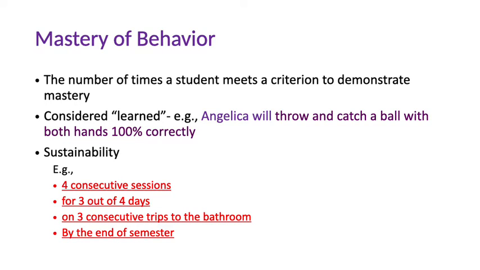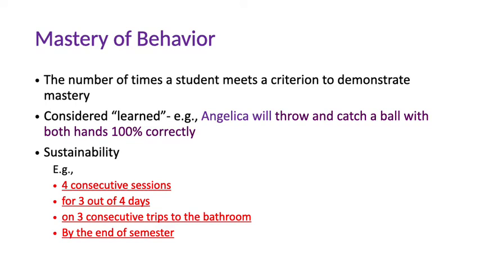So you can include 4 consecutive sessions, 3 out of 4 days, or 3 consecutive trips to the bathroom. Then you can tell the student mastered that behavior, if the behavior is maintained at the criteria level you set for a while.